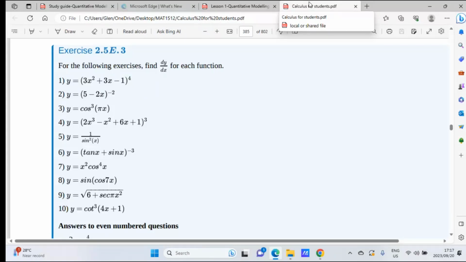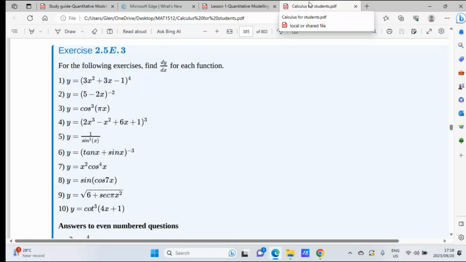I actually have more than one answer. The second one, I trust it. It's pi x sec squared pi x, tan squared pi x.